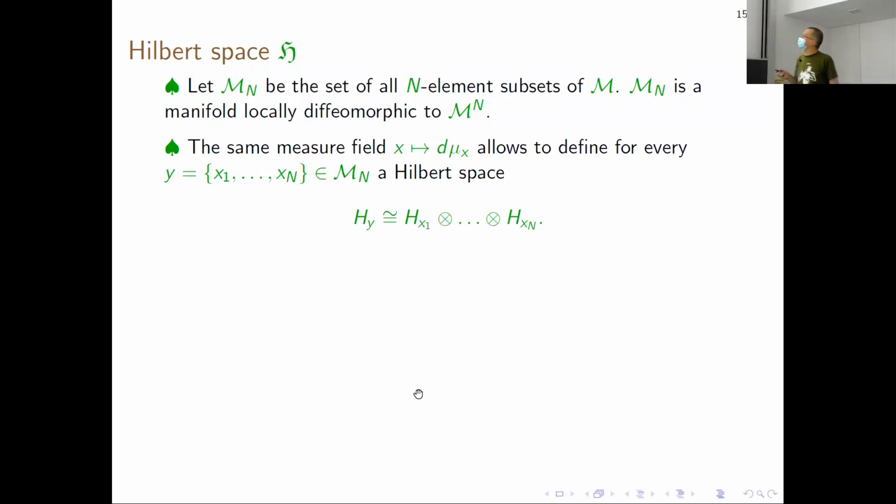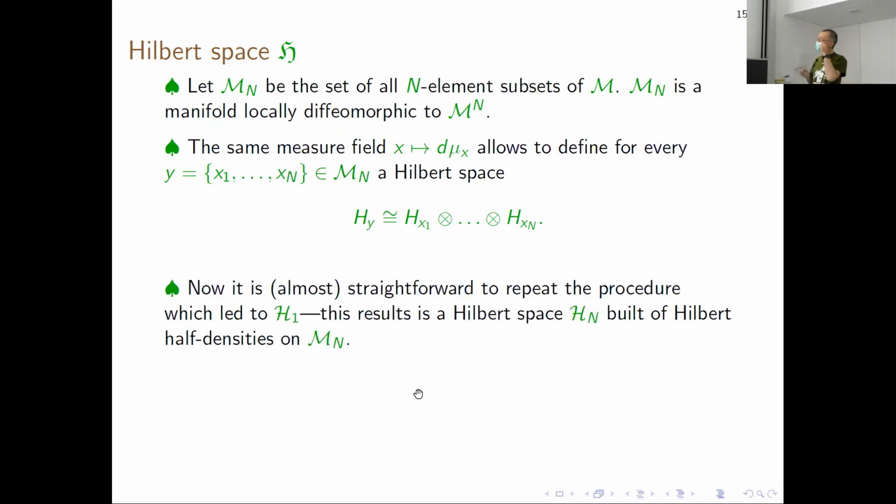Now I can use the same measure field, which was used a while ago, to define for every point of this new manifold a Hilbert space which is naturally isomorphic to this tensor product. Now I can repeat the whole construction. There are some necessary changes, but they are not very essential. And in this way, I obtain a new Hilbert space Hn, which is built of Hilbert half-densities on this manifold.